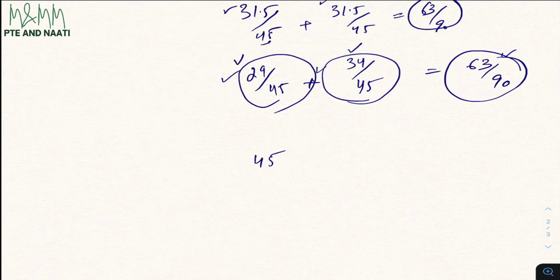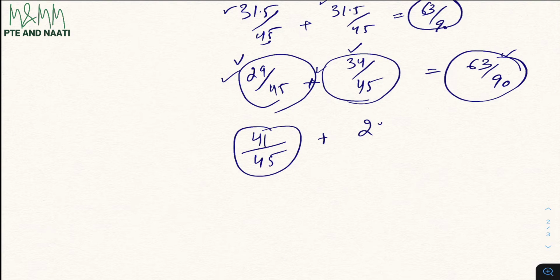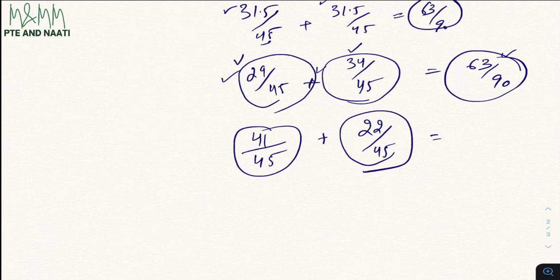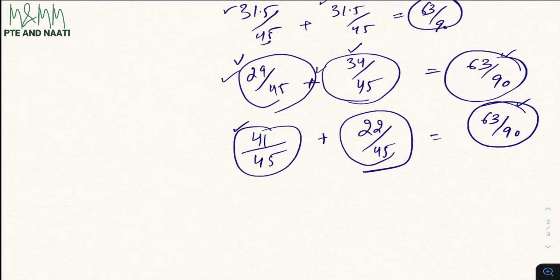Now, for example, your very first dialogue in the exam went very well. Let's say you got 41 out of 45. But in the second dialogue, you only managed to get 22. Now, if you add these two numbers up, you're still getting 63 marks out of 90. That means you're passing. You're getting 41 out of 45 in one dialogue, which means you're passing that dialogue as well.